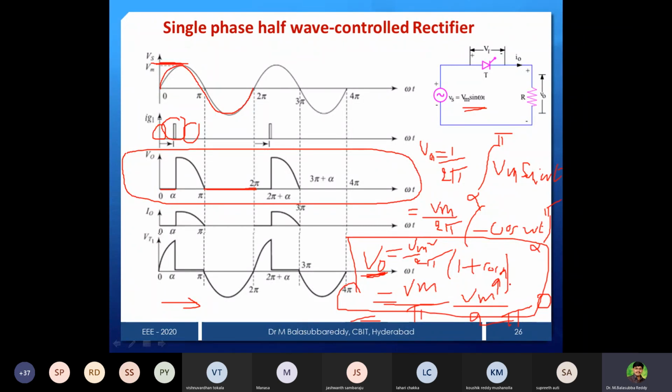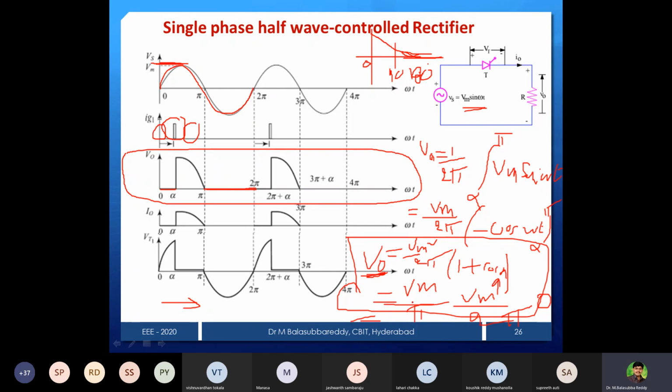Then I increase to 90, half of that only I am getting. If I increase to 180, 0 I am getting. That means it starts high and gradually decreases, finally reaching 0. So this is the waveform nature with respect to alpha. At 0 you get the maximum, at 90 degrees half of that, and at 180 degrees it reaches 0. From this I can say it is a variable one.